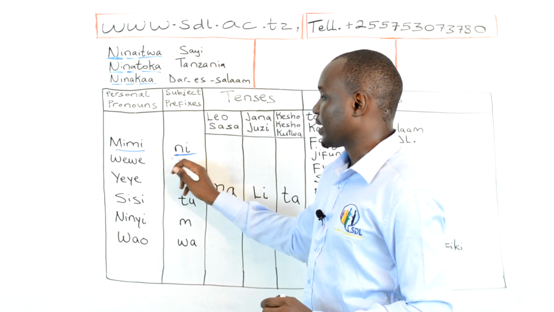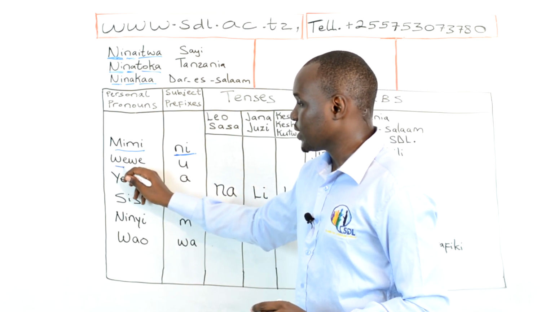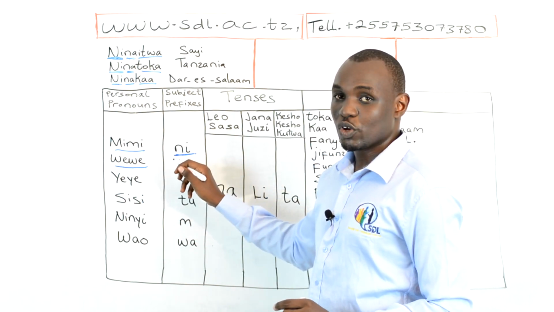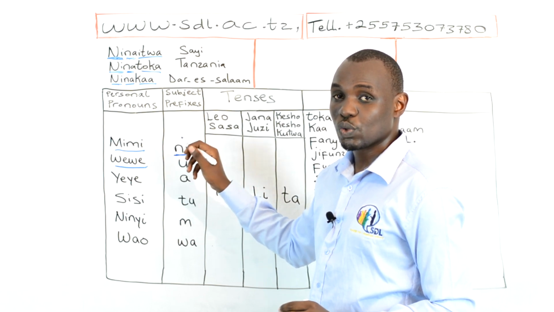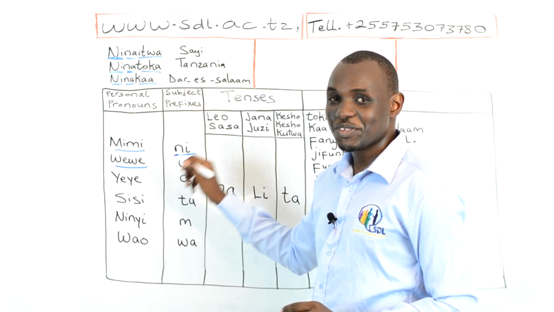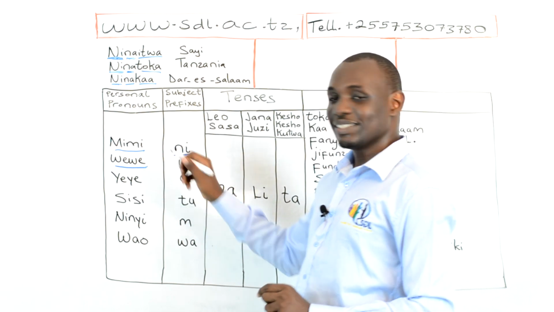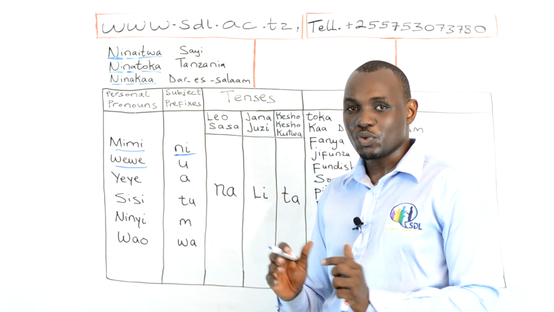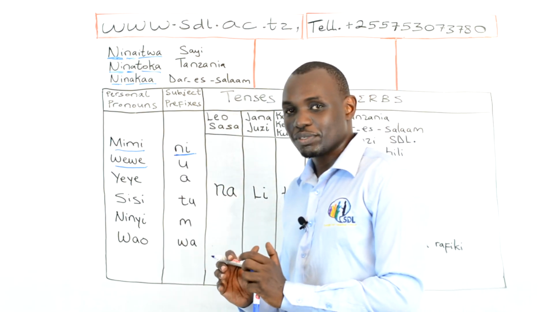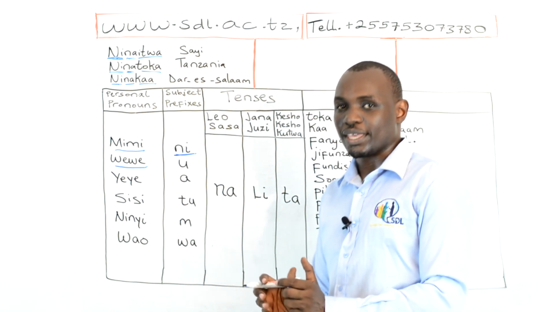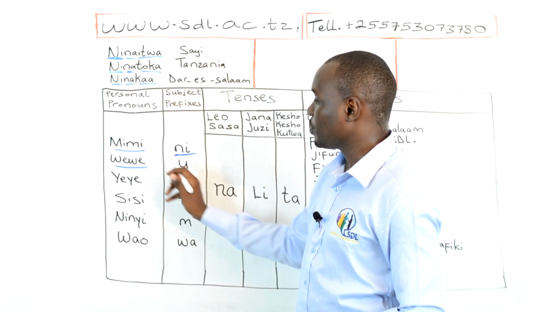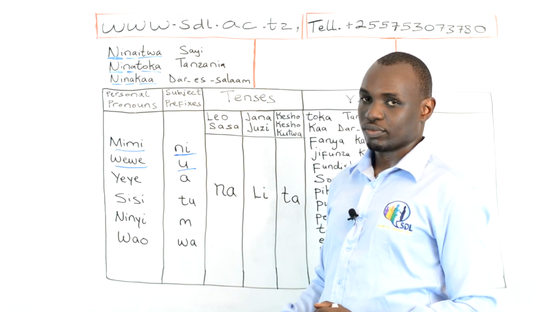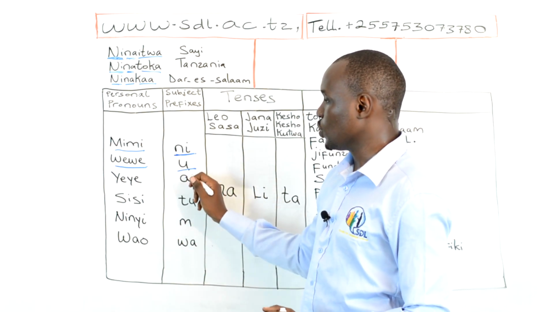And not always mimi, because we have also the person pronoun wewe, and wewe is you. So for you, what will be the subject prefix? When we say a sentence, we need something to represent wewe in a sentence, which will be u. So mimi ni, wewe u.